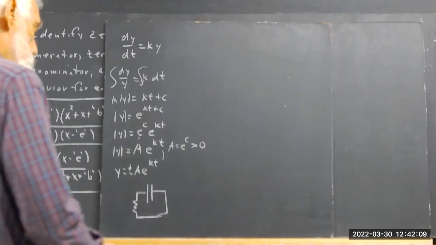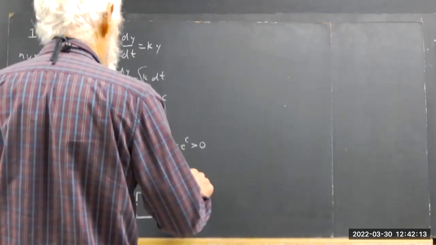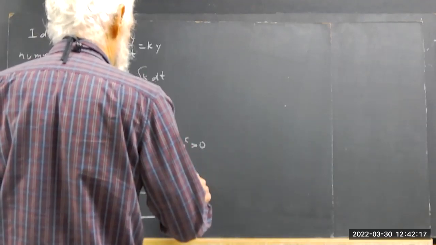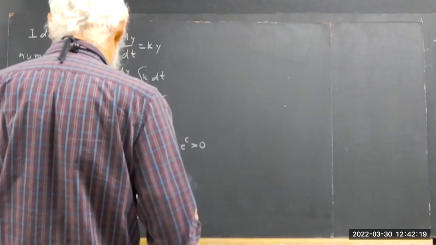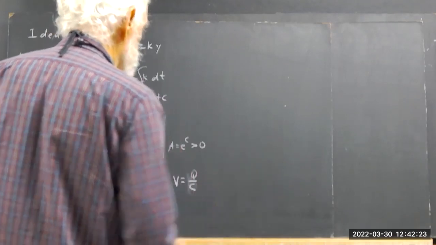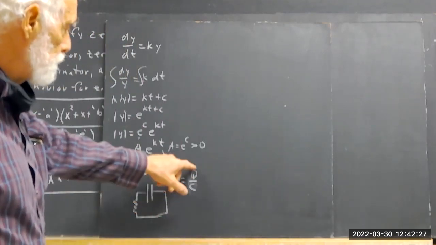So in this case, you've got the potential difference equals, I'm going to use C for the capacitance. Potential difference across the capacitor plates is Q over C.